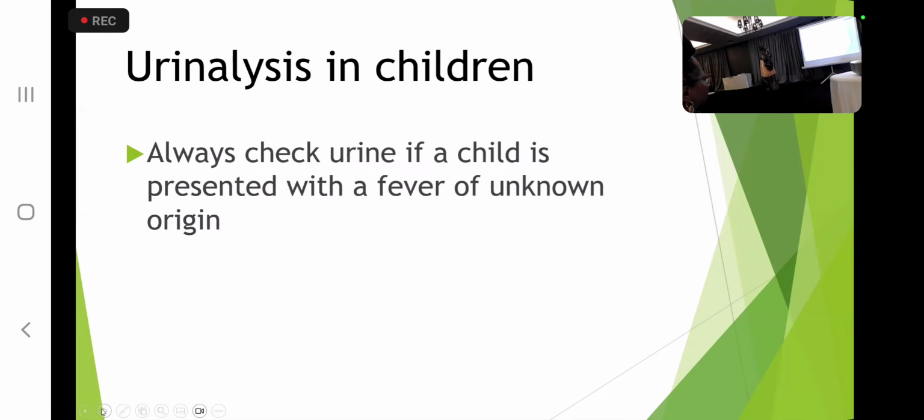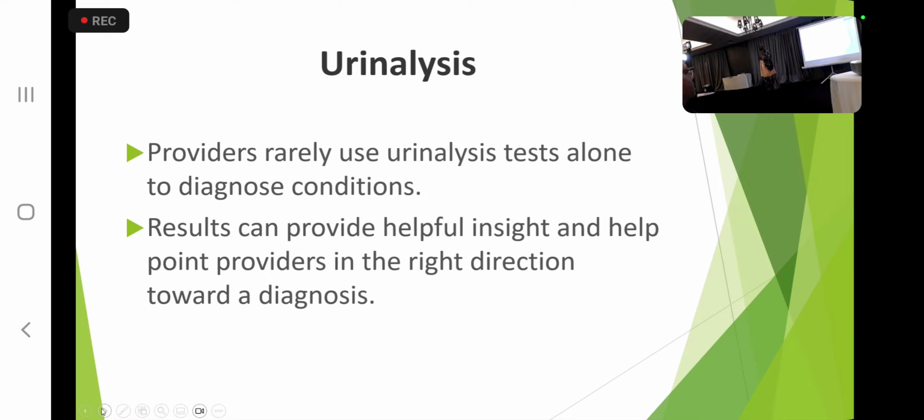And this is very important for children. You have a child come to the clinic presenting with fever. You don't know what is happening, and the mother doesn't either. Do a urinalysis on them. Like I said, you do the urine dipstick, look at what you find, send it out, then confirm a diagnosis.